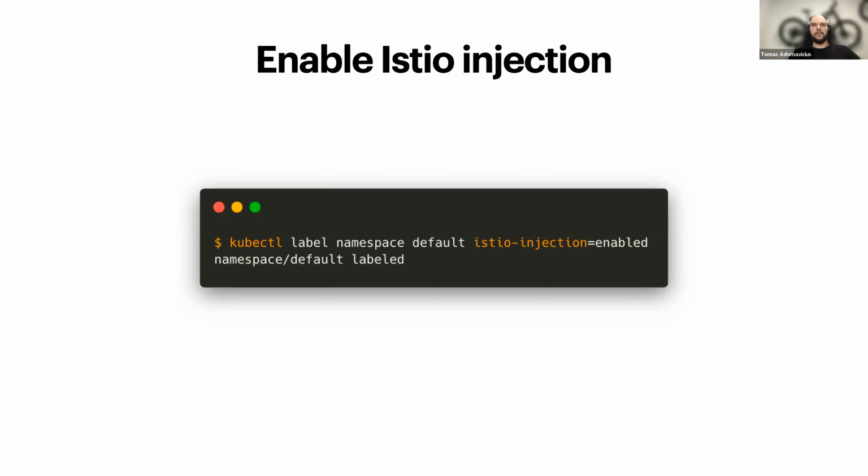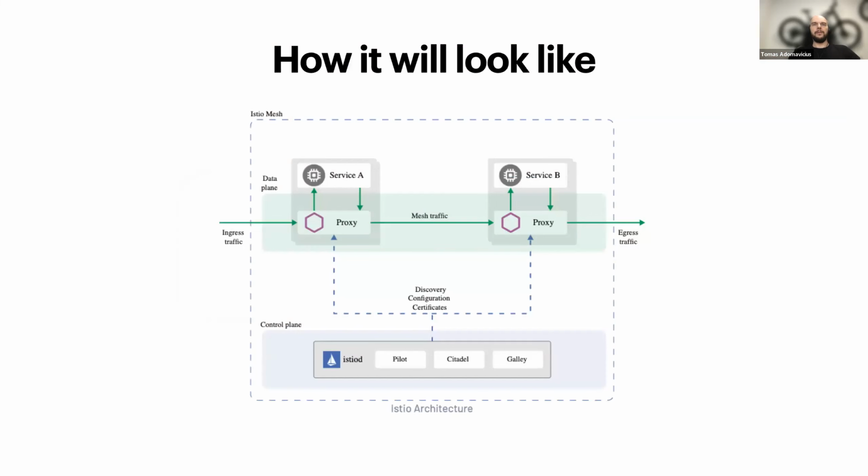So how would it look? Here's my mouse. I'm sorry. That's how it would look, a similar picture to the one that I showed you before. All of the traffic is intercepted here by Envoy. Your application doesn't even notice.